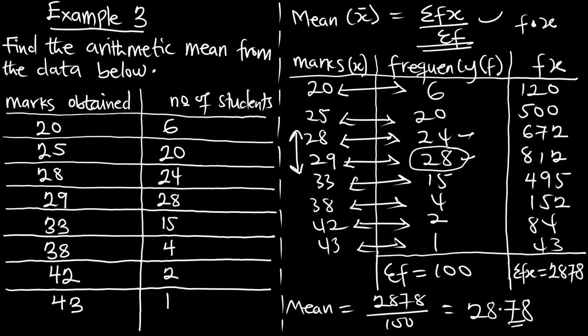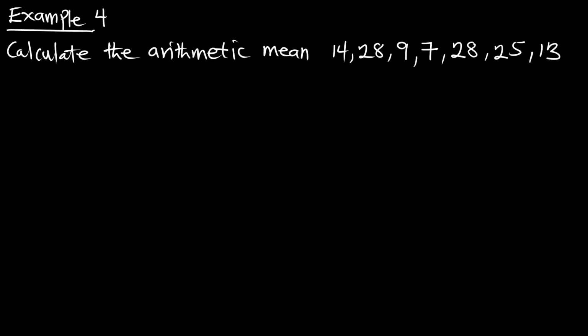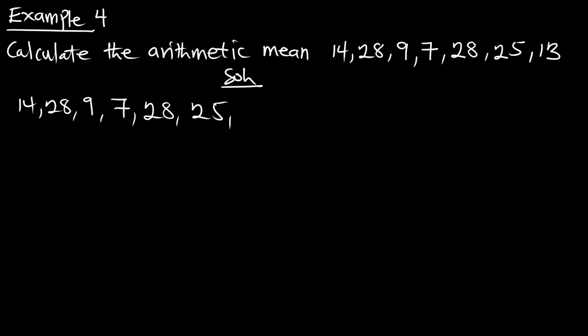You can also take this example, calculate the arithmetic mean from this data. So solution, straight away you can get your mean, where for our arithmetic mean, we can list 14, 28, 9, 7, 28, 25, 13. So our n is equal to 1, 2, 3, 4, 5, 6, 7. It's also 7.